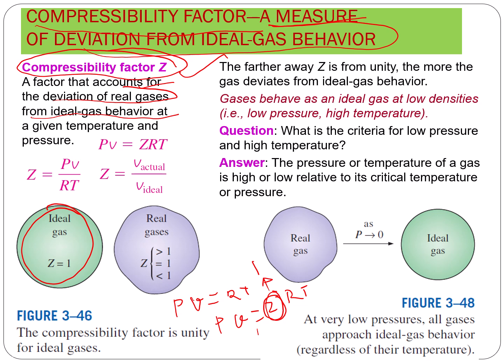For real gases, the value of compressibility factor is either greater than 1 or less than 1. So if the value of Z is away from 1, then we better don't make use of the ideal gas equation, because there is much deviation from the ideal gas.